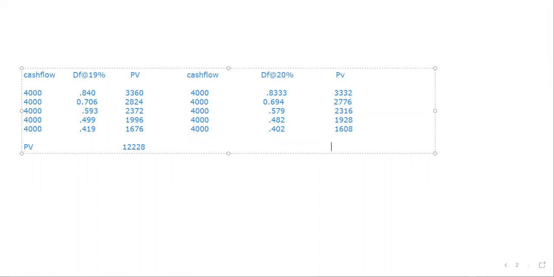Previously, we got 12,000 to 32. Now, 4 points less, we got 12,228. Why? Because there is a difference in taking off 4 points. That is the reason we have got like this. But it is almost equal to whatever we have got. So the answer is same.